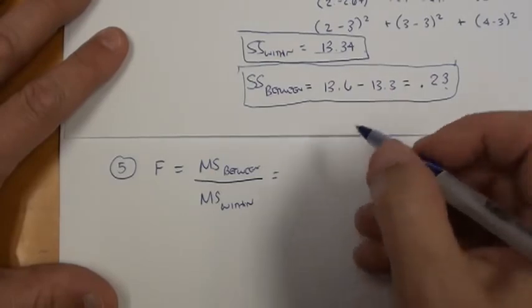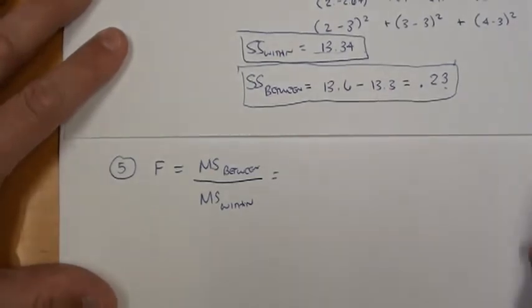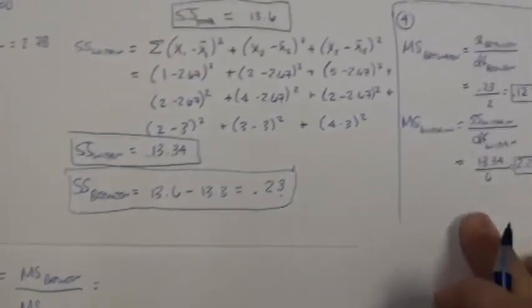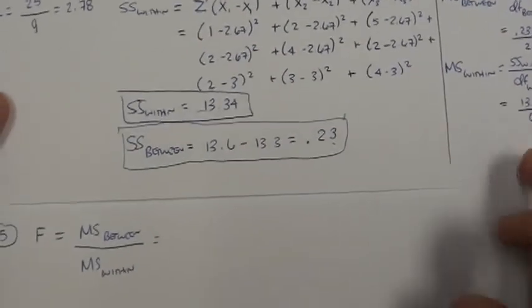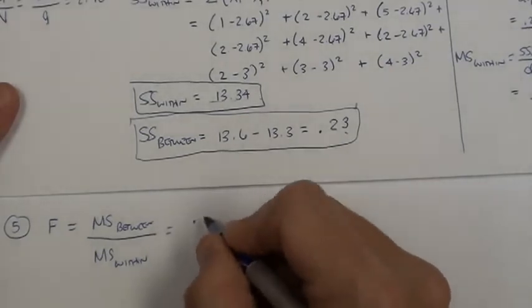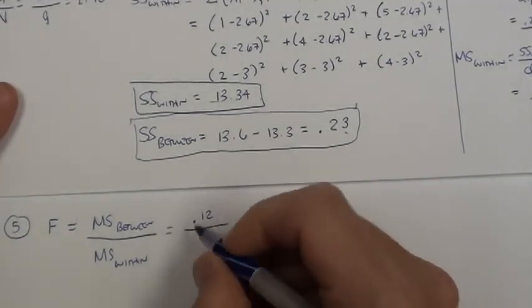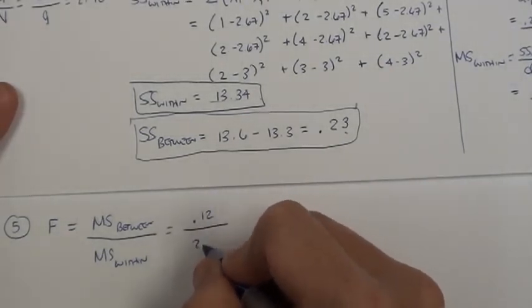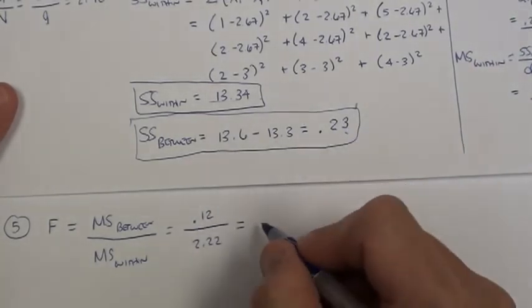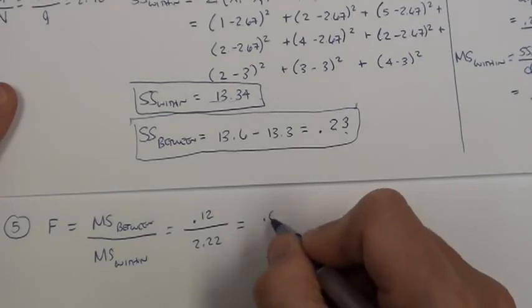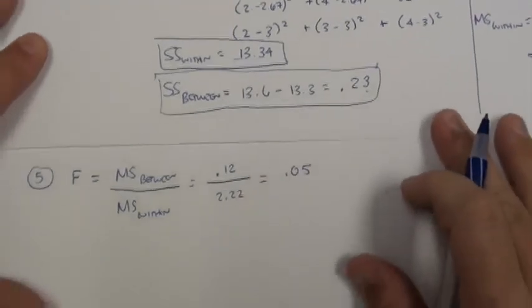And those values, as we just calculated, were 0.12 and 2.22. So mean square between 0.12 divided by 2.22. And so we come out to a value for F of 0.05.